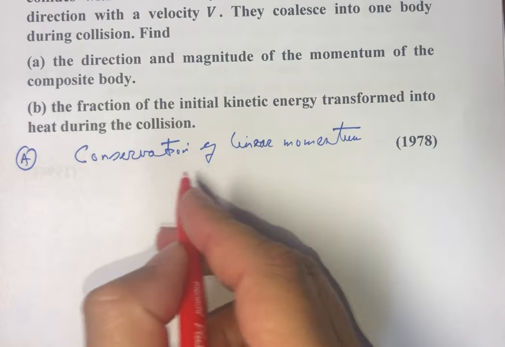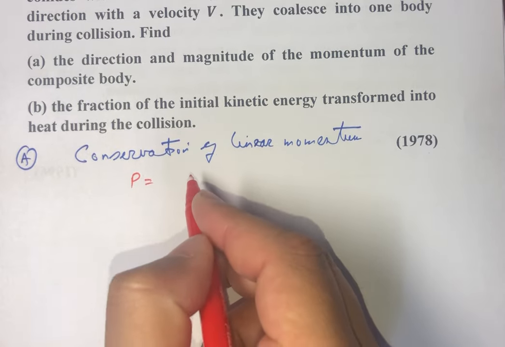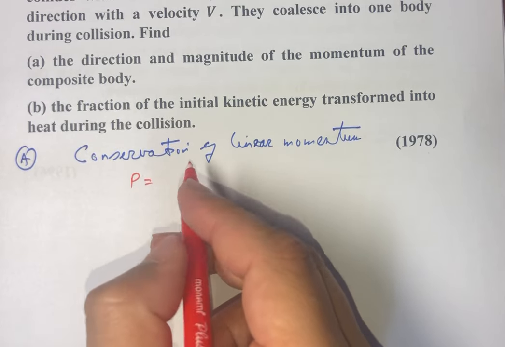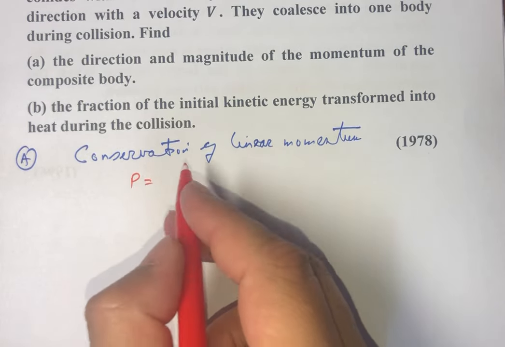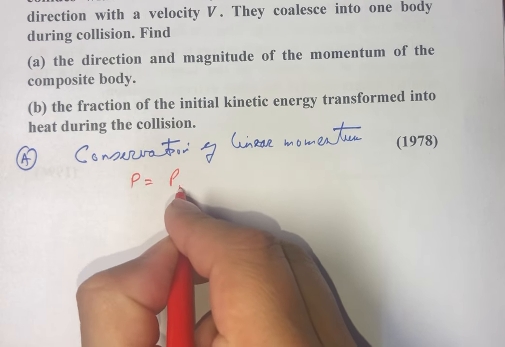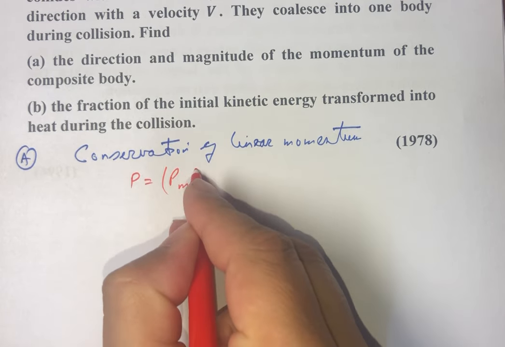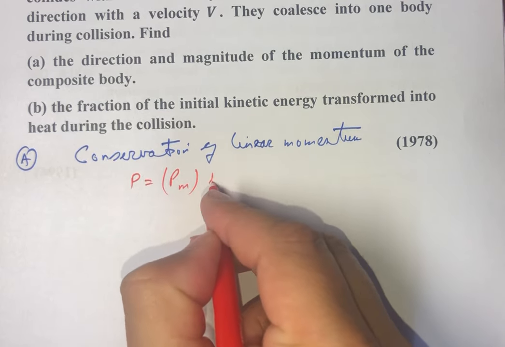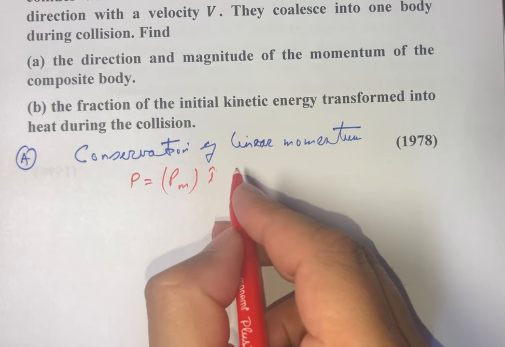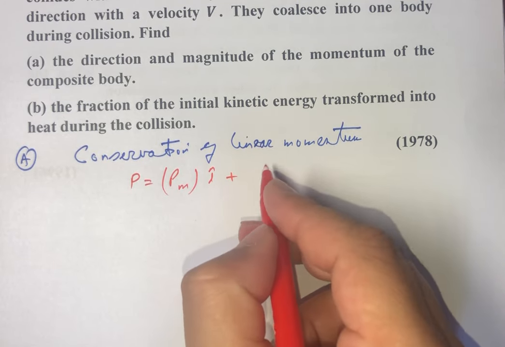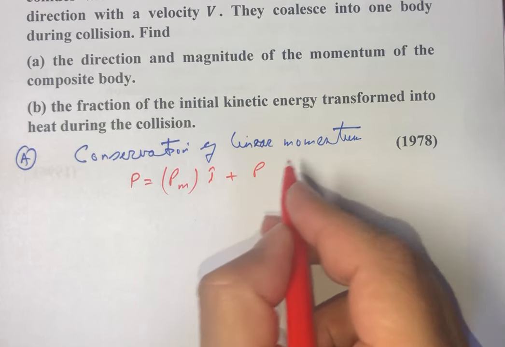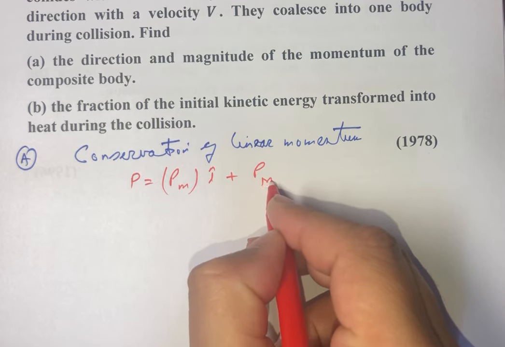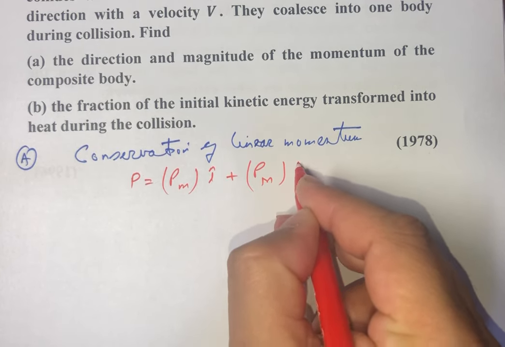Let us suppose that momentum is given as P and we have two bodies: momentum of small mass Pm moving in x direction, plus momentum of capital mass M moving in j direction.